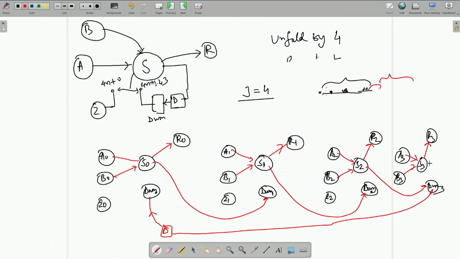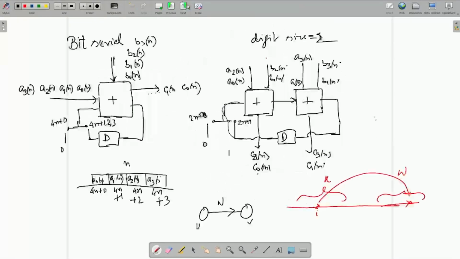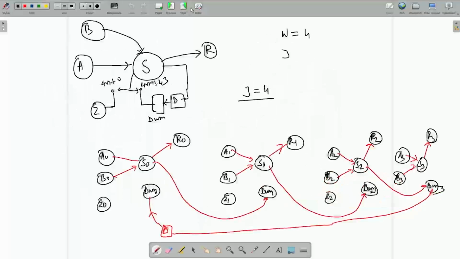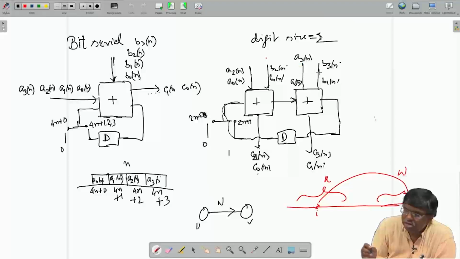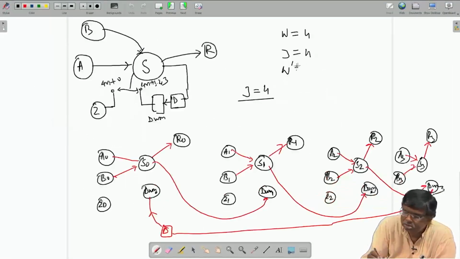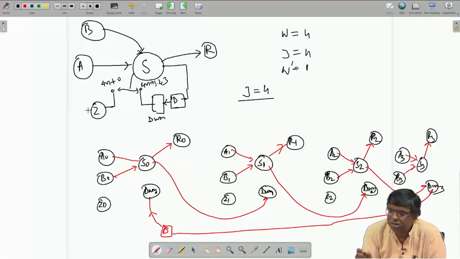Then start the switching things. W equal to 4, J equal to 4, meaning W prime equal to 1. Okay. So, start at these indices 4n plus 0, 4n plus 0, you take 4 out, W j into W prime L, W prime is 1.